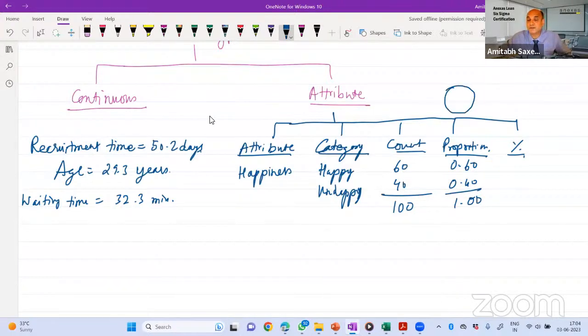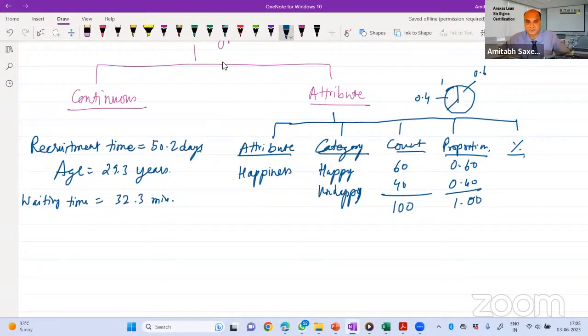Portion means one part in the one. If you consider the circle as one, what portion out of one belongs to happiness and what portion belongs to unhappiness? So it is 0.6 and 0.4.